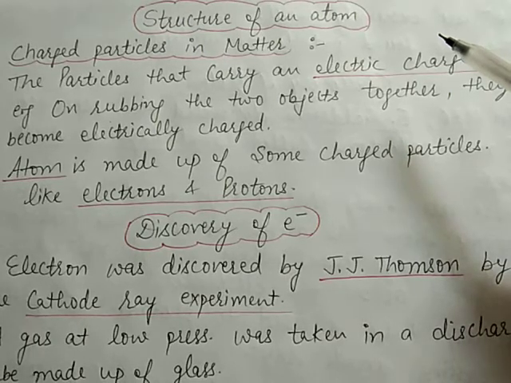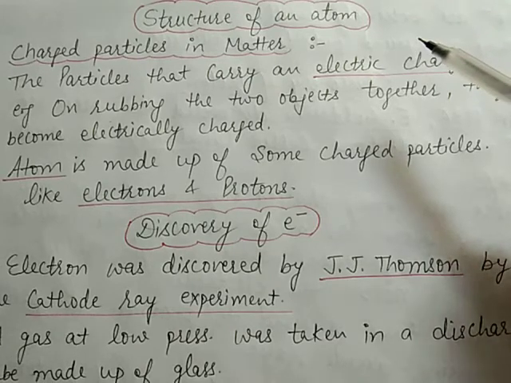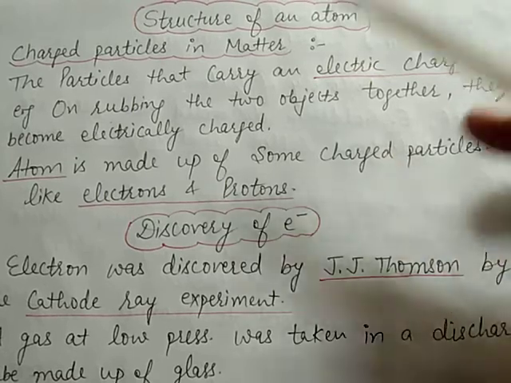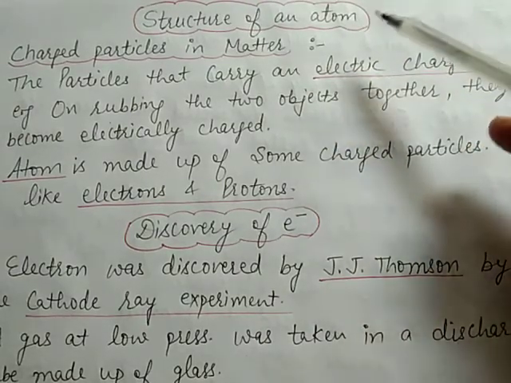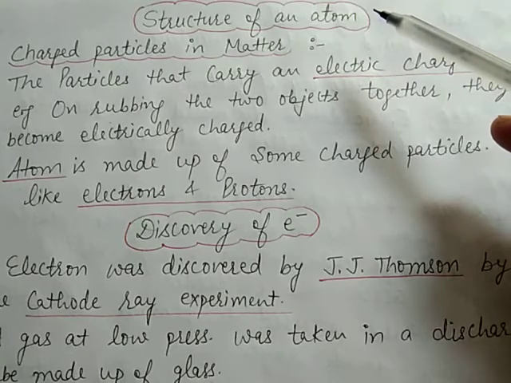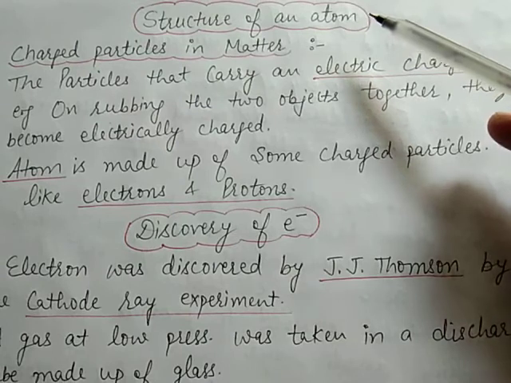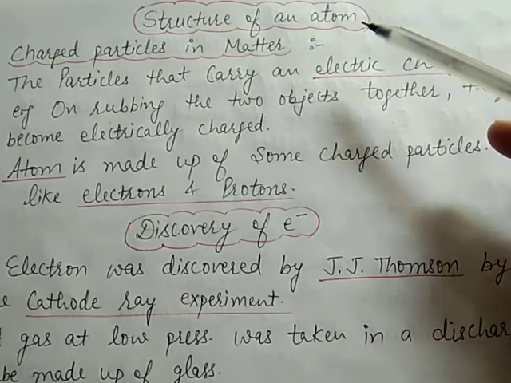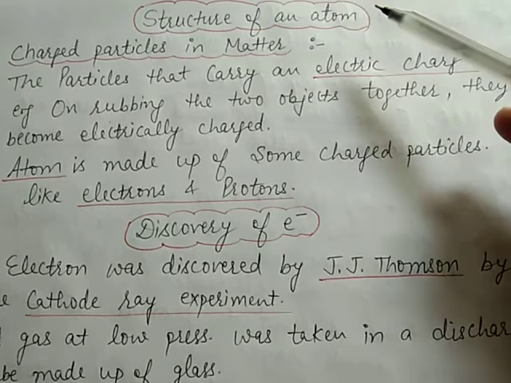The atoms of different elements differ in the number of electrons, protons, and neutrons. So, in this chapter, we will discuss how the electrons, protons, and neutrons were discovered and various models that have been proposed to explain how these particles are arranged within the atom.